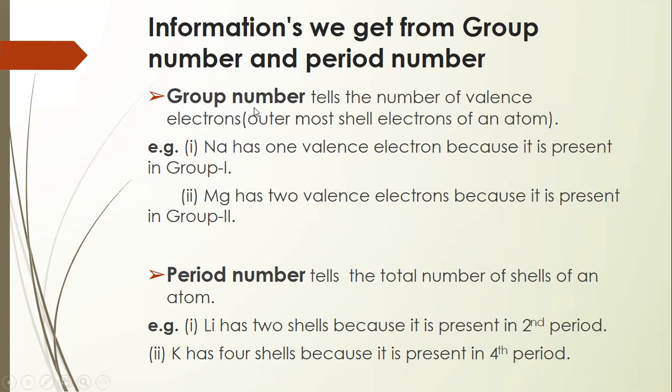So what information does the group give us? We will see here. The group number tells the number of valence electrons, the electrons in the outermost shell of an atom. I'm repeating again. Group number means any group, like 1, 2. For example, hydrogen belongs to group 1.